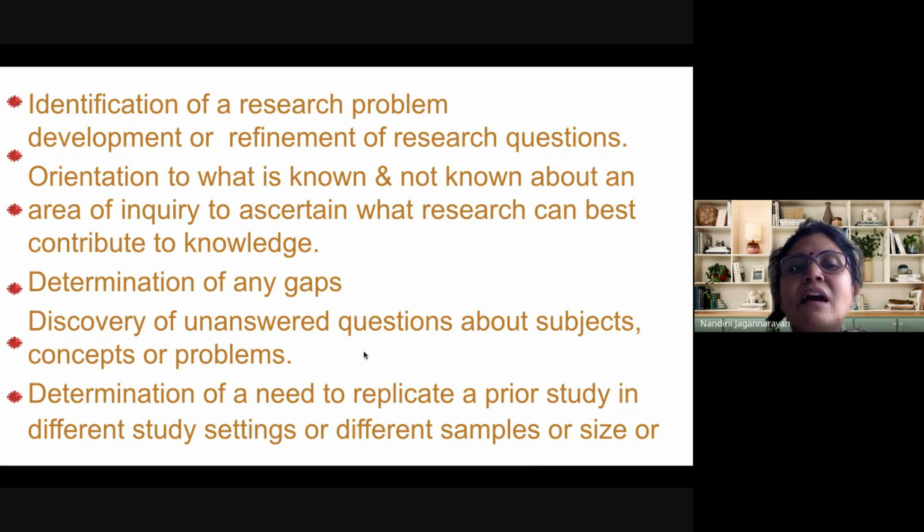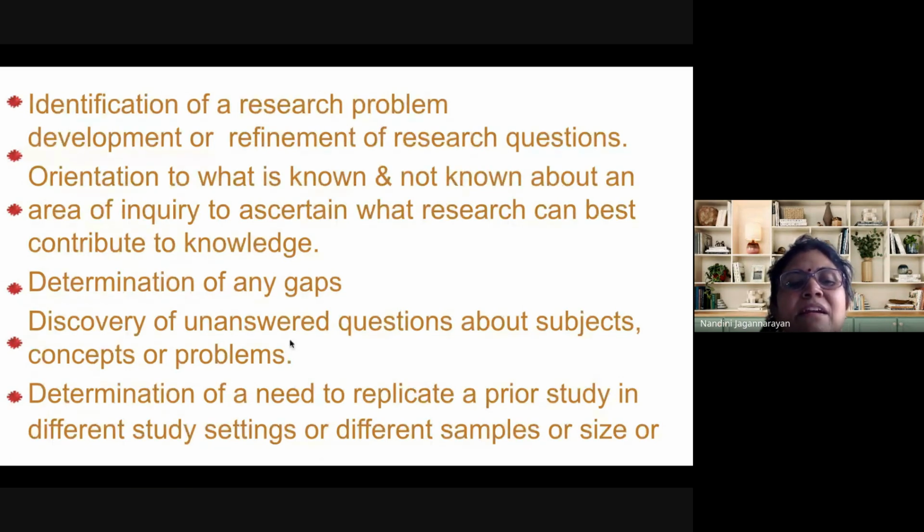Again, any unanswered questions about the subject or concept or problems, like why do they prefer, how often do they invest, what is the amount they invest, plus what is their income level. When I said middle income, what is their income level, etc. Right?